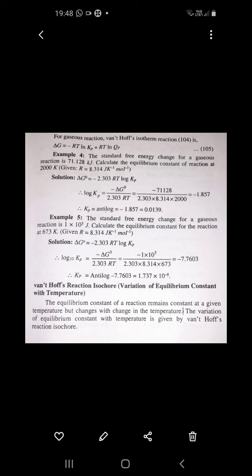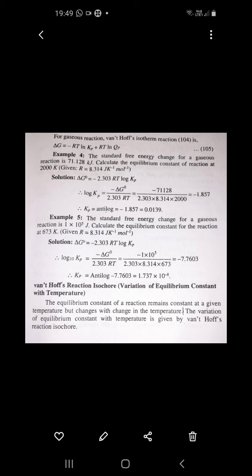You have to take the antilog. Kp is equal to antilog of minus 7.7603, which is 1.737 into 10 raised to power minus 8. This is the value of Kp. This is how we can calculate the equilibrium constant for any chemical reaction if we have the standard free energy change of that reaction at a given temperature.